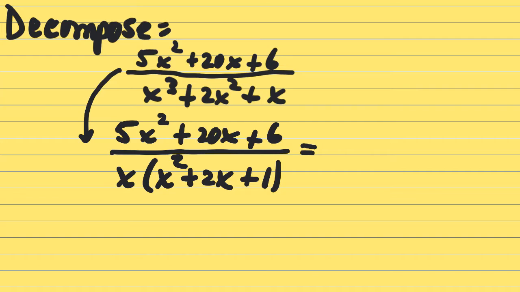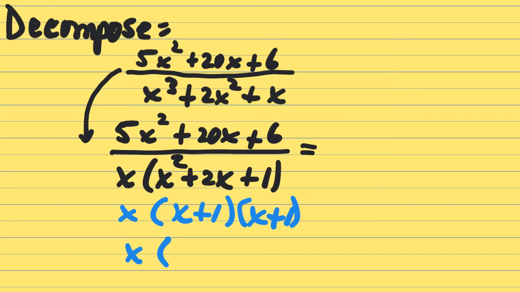Now in the parentheses, x squared plus 2x plus 1 will break down as x plus 1 times another x plus 1. Well, that x plus 1 factor is repeating. So we can write that as x times x plus 1 quantity squared.